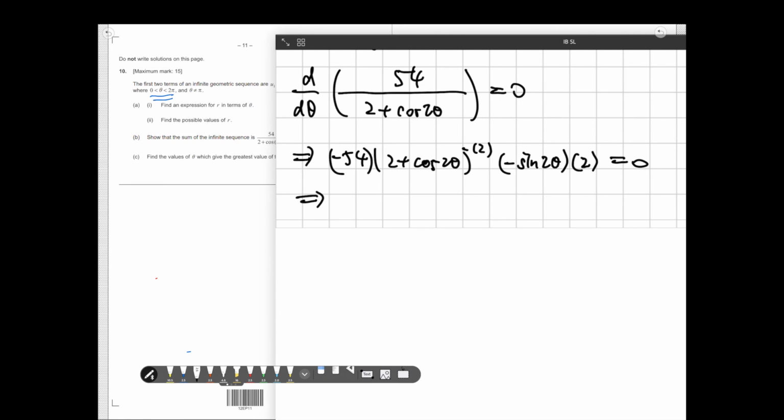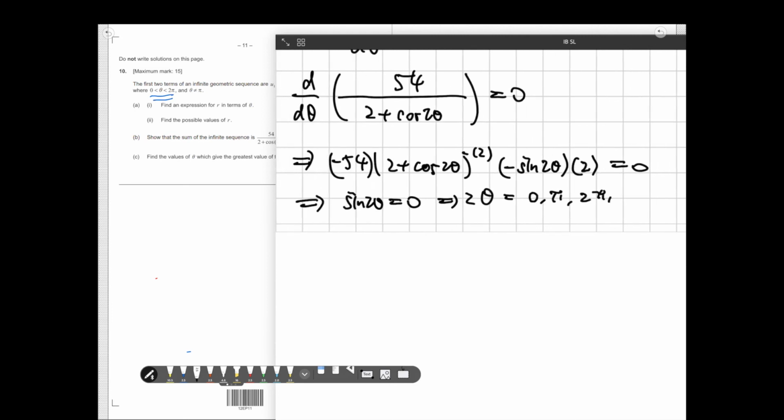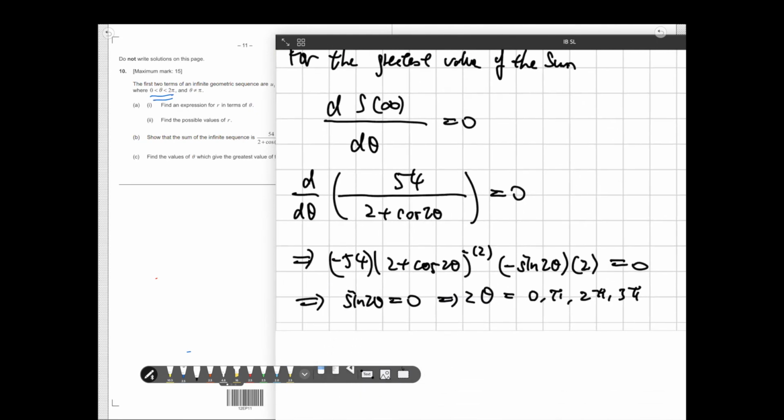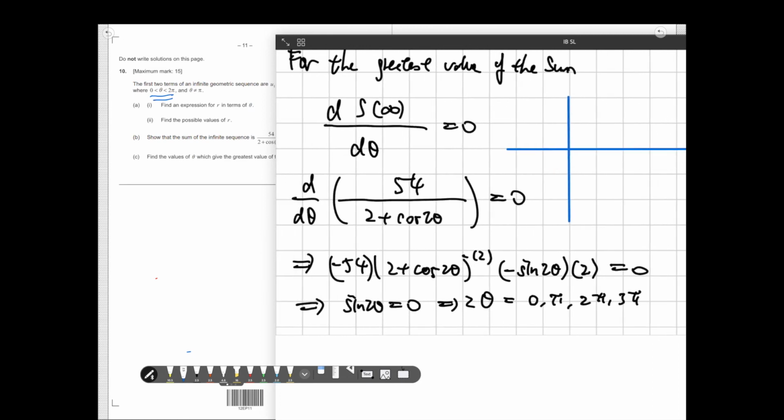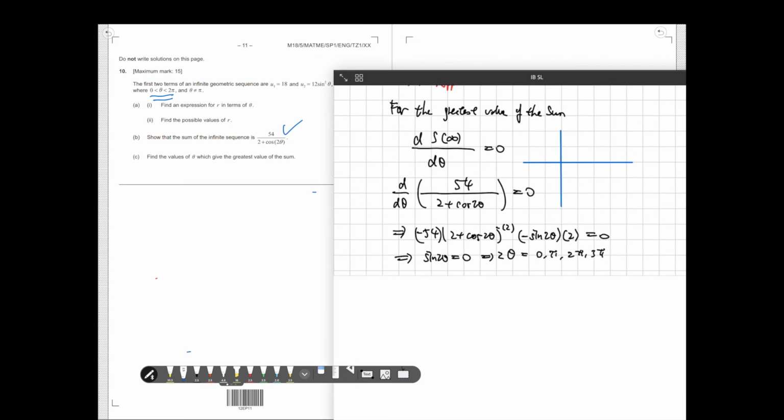So we can have it to be 0 when sine 2 theta is equal to 0. So it means that 2 theta is equal to 0, pi, 2 pi, 3 pi, because we know that the function will look like this.